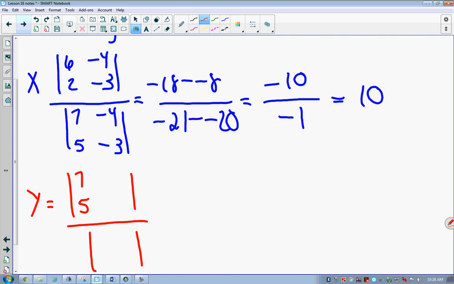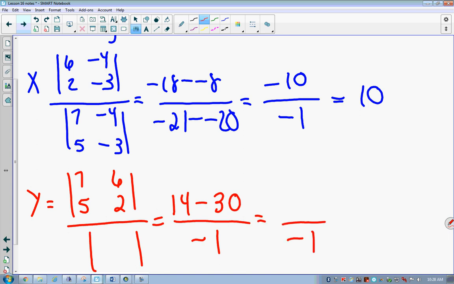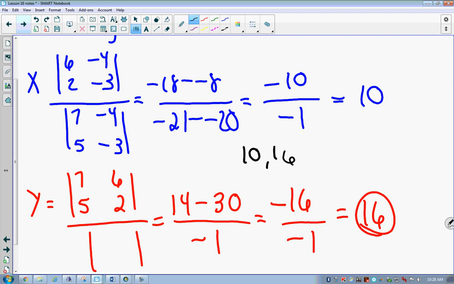All right, now what goes on the right-hand side? 6 and 2. I'm subbing in my solutions. All right, do I need to do the denominator? No. Okay, negative 1. What's 7 times 2, John? So we're doing 14 minus, what's 5 times 6? 30. Okay, what's 14 minus 30? Negative 16. So my answer is 16. Solution comes out to 10, 16.